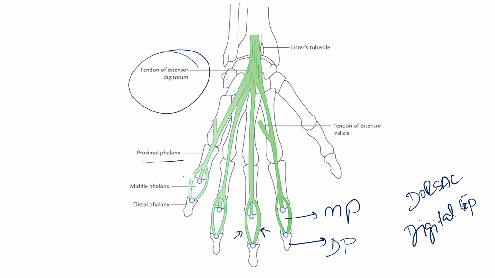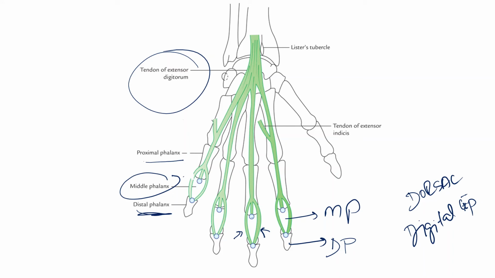The median slip gets inserted onto the middle phalanx, whereas the lateral bands get inserted onto the distal phalanx of the fingers. So this is about the extensor digitorum.